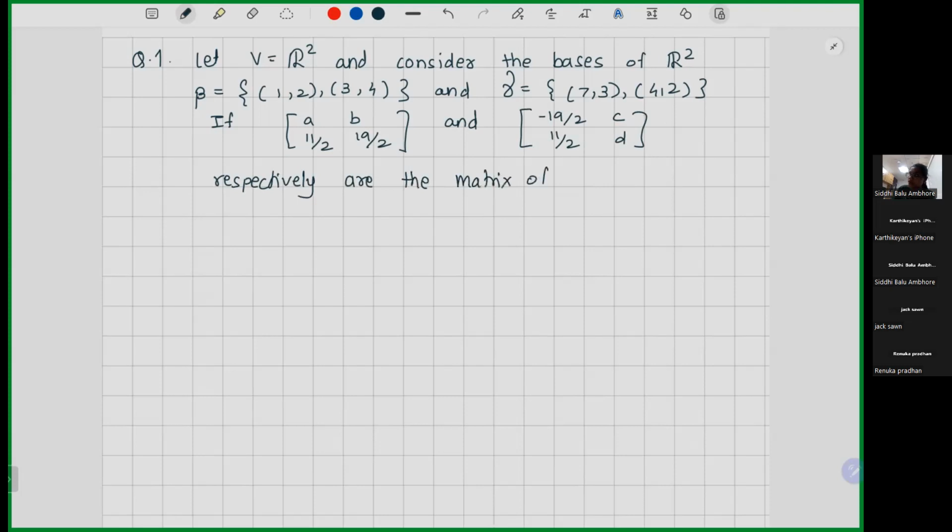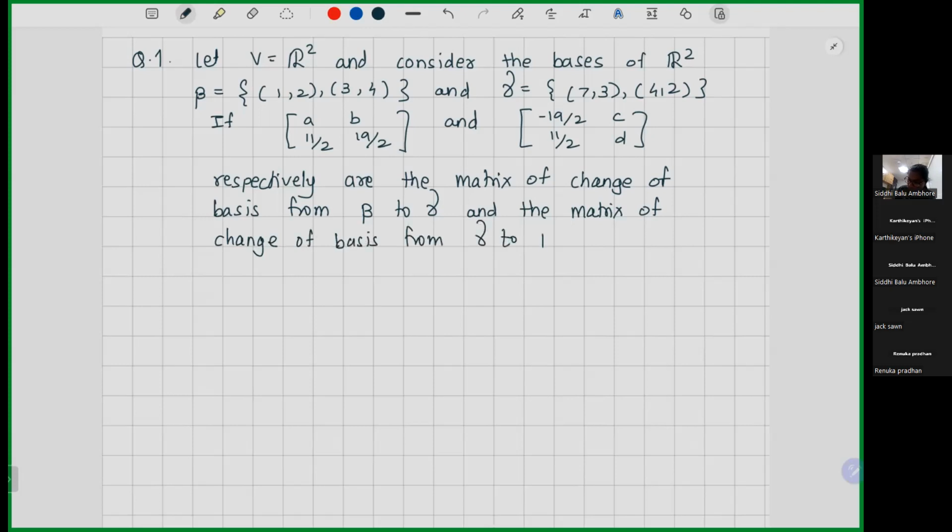the matrix of change of basis from beta to gamma and the matrix of change of basis from gamma to beta.